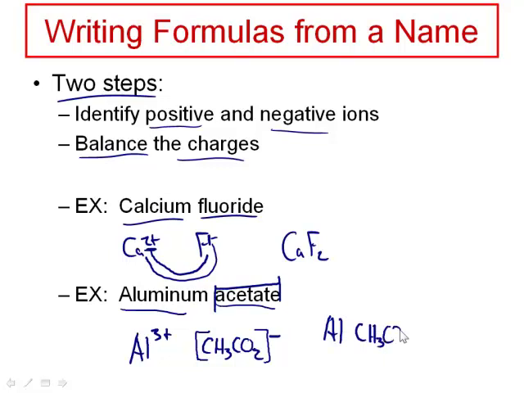Now, when I have a polyatomic ion, the way to say that I've got more than 1 of these is I'm going to put that whole thing in parentheses, and I'm going to write a 3 down here. This says 3 of this whole thing in parentheses, and then, of course, 1 aluminum. There we go. Now, notice, for calcium fluoride, we did not do that for the fluorine because that is not a polyatomic ion. We only do that in the case that we have polyatomic ions like acetate, okay?